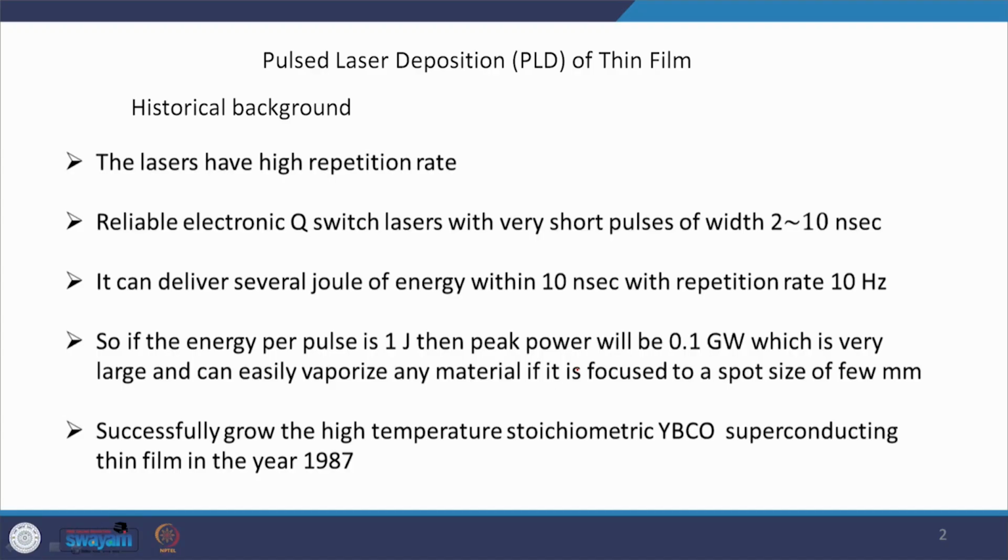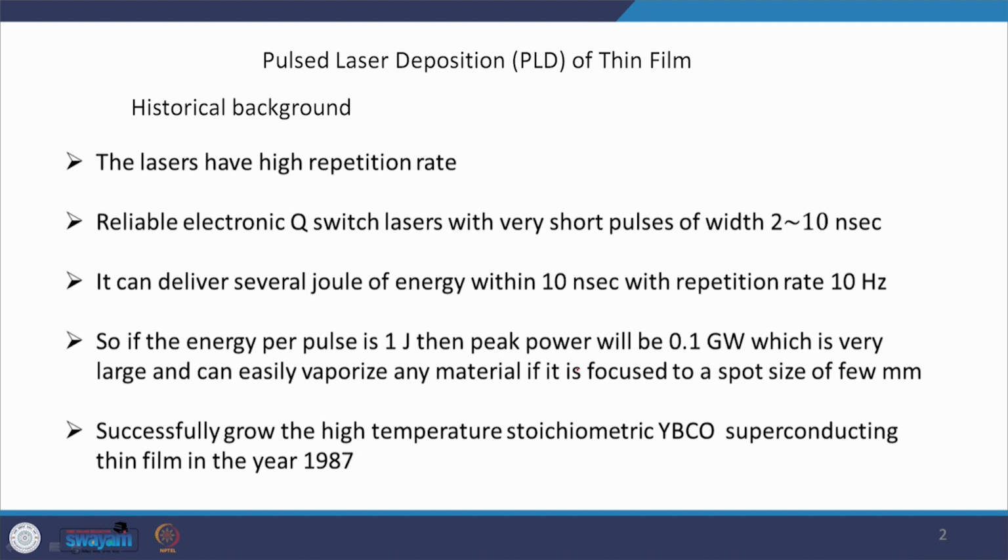Today I will talk more about pulse laser deposited thin films, a very versatile technique using the laser, where knowledge about laser produced plasmas is also very useful. Now, I will talk about the historical background of pulse laser deposition techniques.